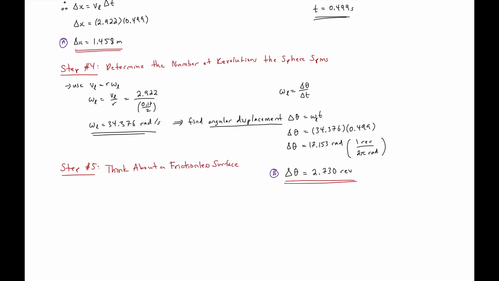So with a frictionless ramp, the sphere would slide instead of roll. It would therefore store no energy in its rotation, so all of its gravitational potential energy would become translational kinetic energy.